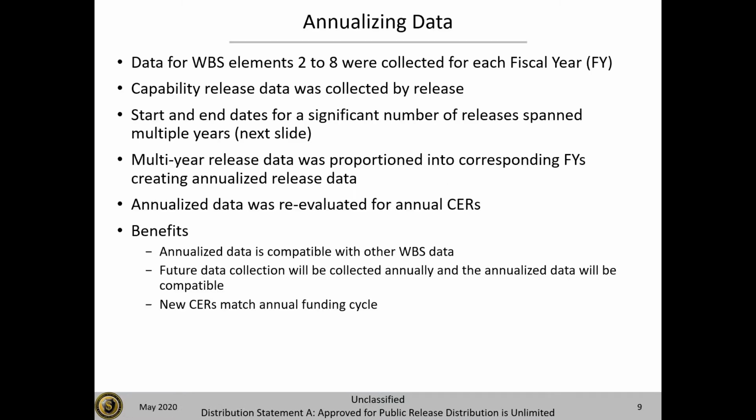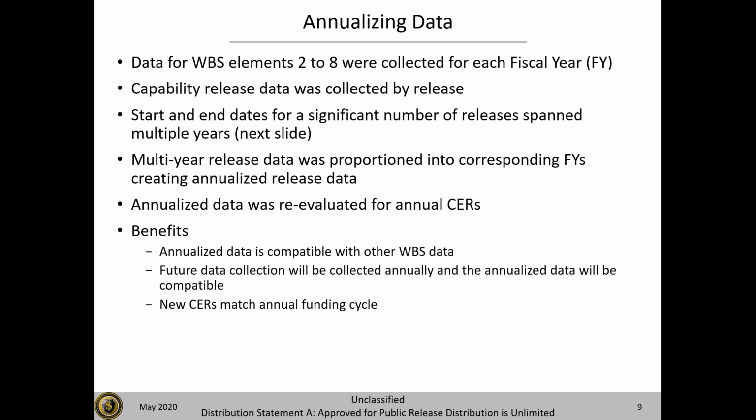All right, so let's talk about the annualized data. WBS elements 2 through 8 were collected for each fiscal year. The capability data we collected by release originally, and so start and end dates span multiple years, and I'll show you a slide on that in just a minute. We've taken that multi-year data and separated it out into the individual years.